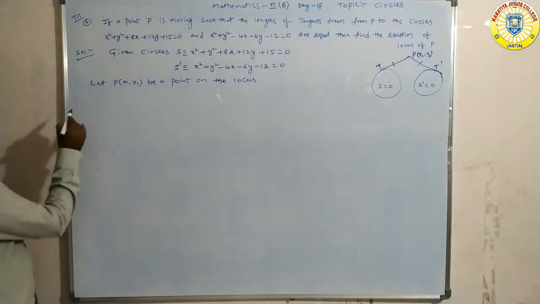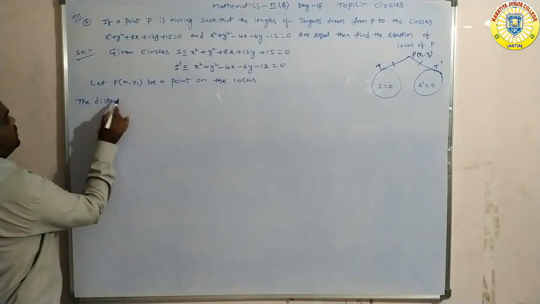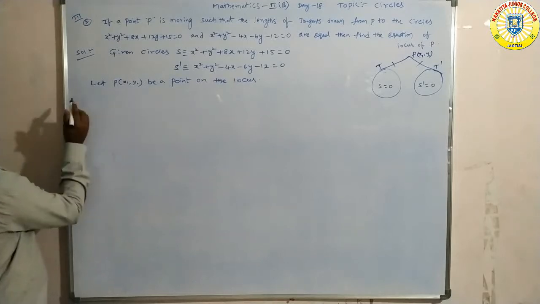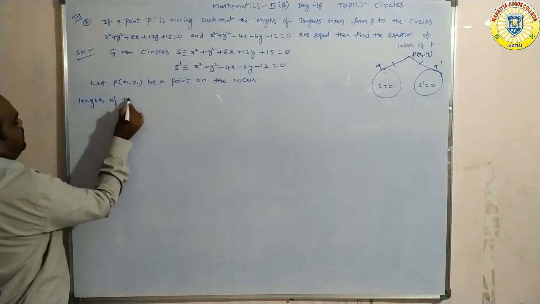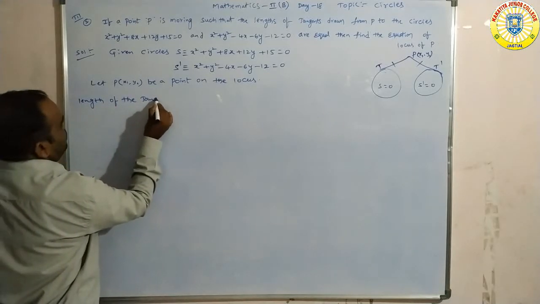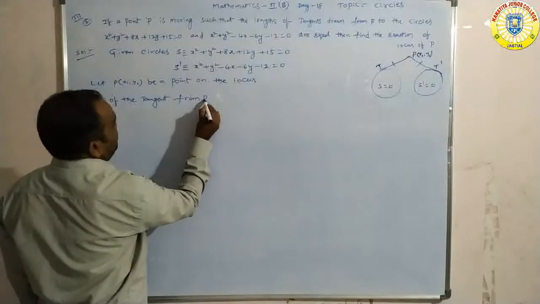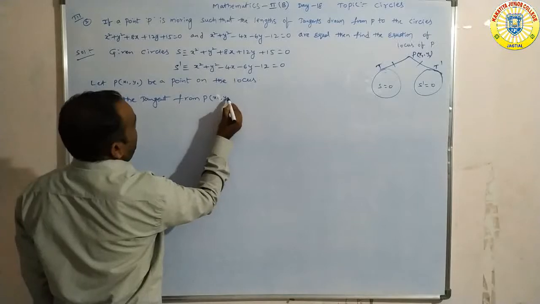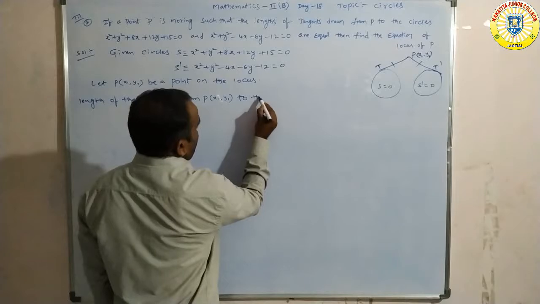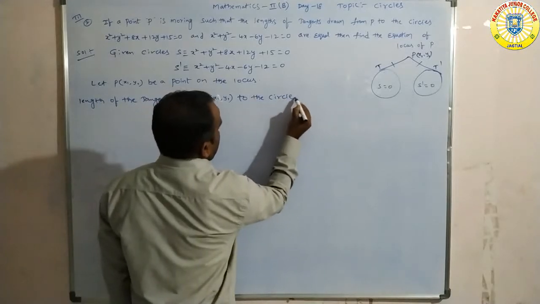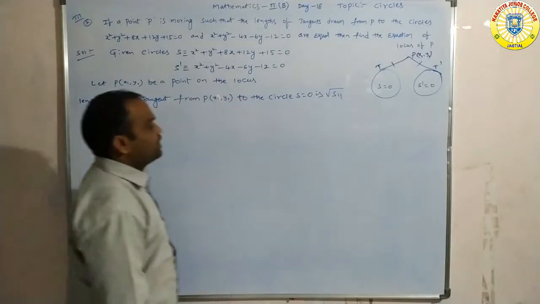So the length of the tangent from P of x1 comma y1 to the circle S is equal to 0 is under root of s11.